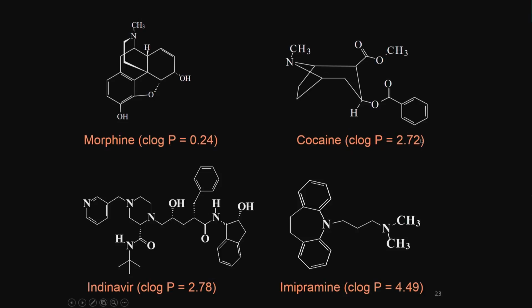Cocaine, okay, 2.72, indinavir 2.78, imipramine high log P, because it has got only 2 hydrogen bond acceptors, otherwise lot of CH2s, highly hydrophobic molecule here. Okay. Although this has got many O's, it also has got many CH2 groups here, the benzene rings and so on actually. Okay. That is why log P is not very bad.